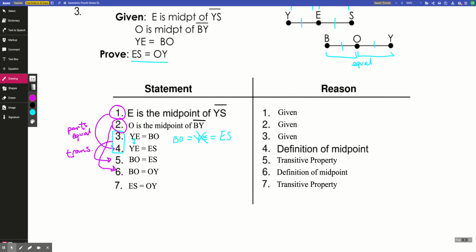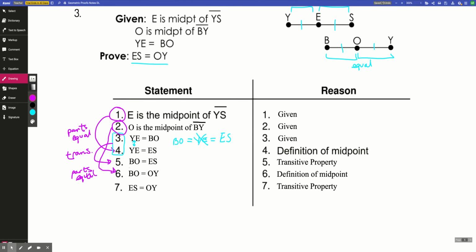But if O is the midpoint of BY, then that means the parts are equal, which is exactly why I'm able to write this equation right here: BO is equal to OY. And then I'm going to do the same thing that I did for steps 3 and 4, combine steps 5 and 6 using the transitive property to get to statement 7. Okay, so that is my whole proof there.